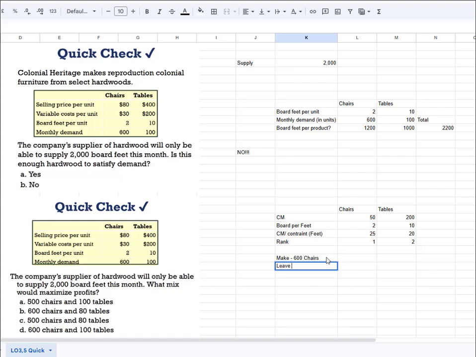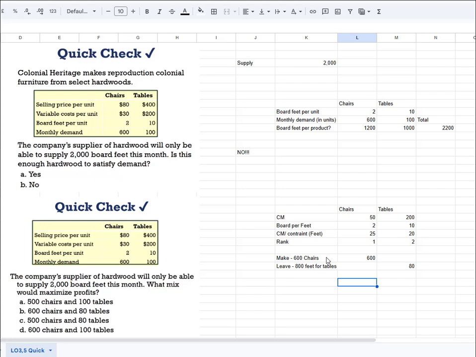That is going to leave 2,000 minus 1,200, so that's going to leave 800 feet for tables. We're going to have 800 feet left for tables, equals 800 divided by 10 feet per unit for tables. So we're going to make 600 chairs and 80 tables.